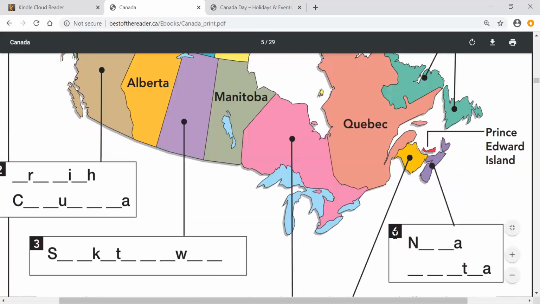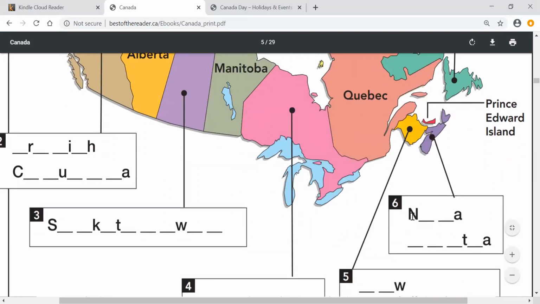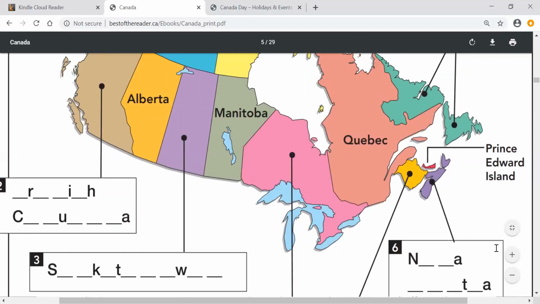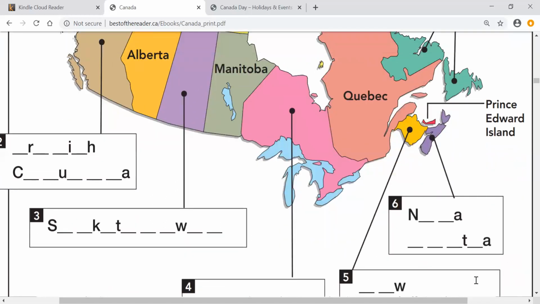New Brunswick is a small province. What is next to New Brunswick? We have Nova Scotia. For spelling, you will have to find the spelling, okay? I'm just telling you the names. Nova Scotia.